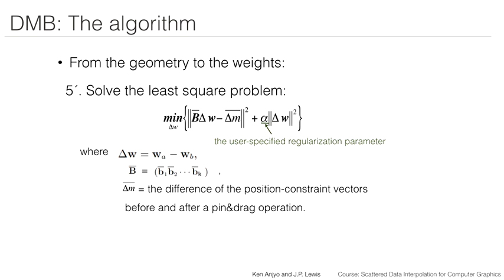And alpha means the regularization parameter, and delta means taking the difference before and after the editing result. Okay? This is a pretty standard least square problem. It's very easy to solve. But of course, alpha should be decided afterwards by trying to estimate several potential candidates.